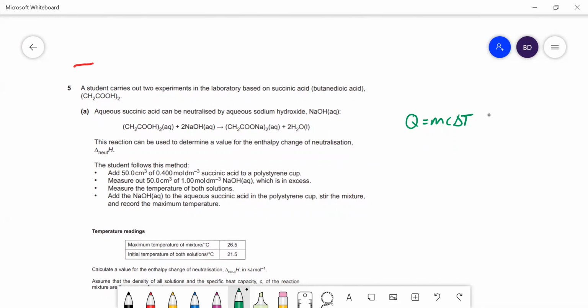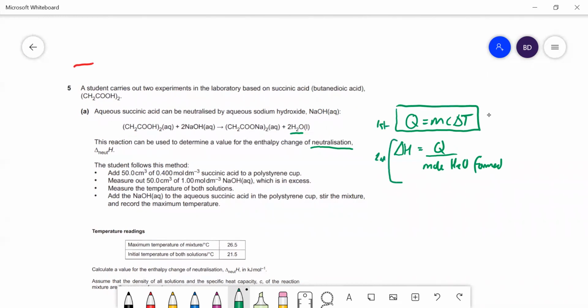And what we need to do then is convert that into delta H, which is equal to Q divided by, because it's neutralization, the moles of H2O formed, per mole of water. So we've got to use that equation first, and then put it into this one.